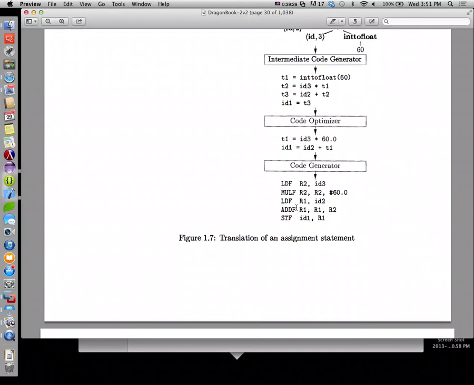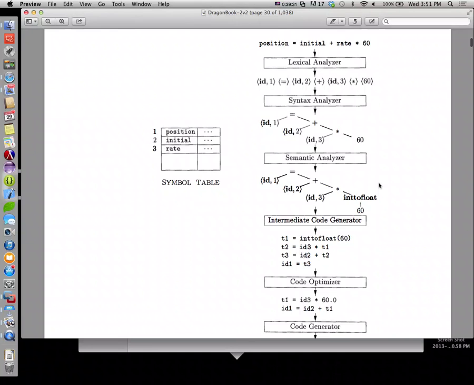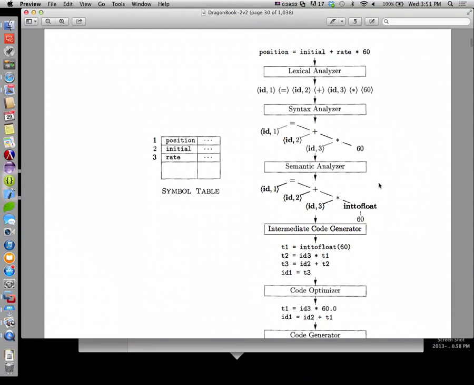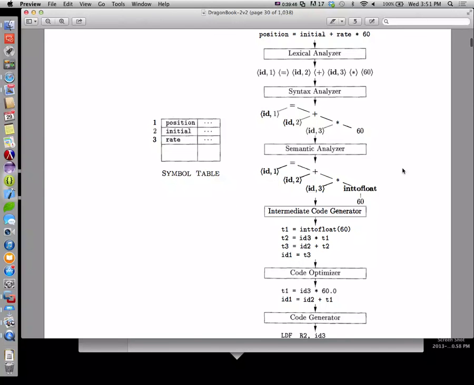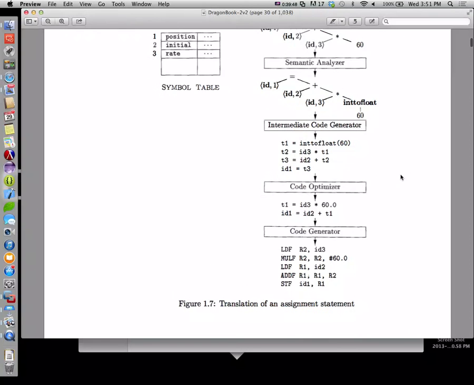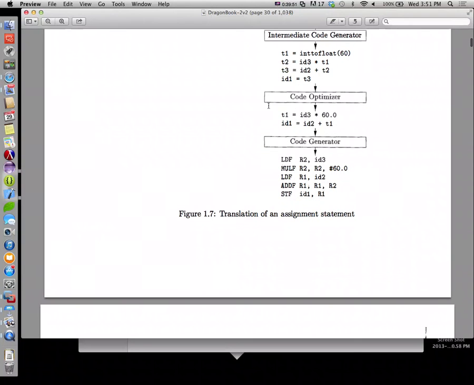Would you agree? Well, here, let me ask this question. In terms of the compiler workflow here, what do you think the hardest part to implement will be? You think code optimizing?